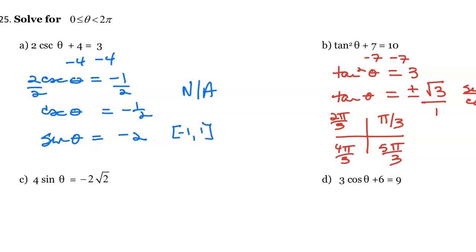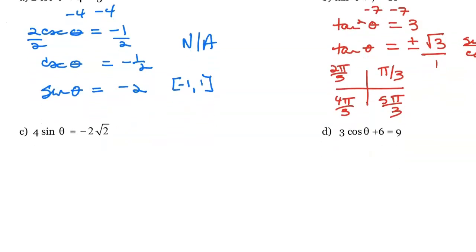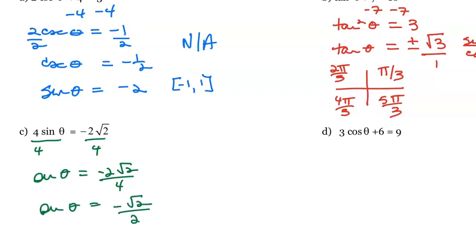Okay, moving to C. You want to get your trig function isolated. And when you do that, you're going to rewrite. You have sine theta equals -2√2/4. That is sine theta equals, you're going to reduce that to -√2/2.